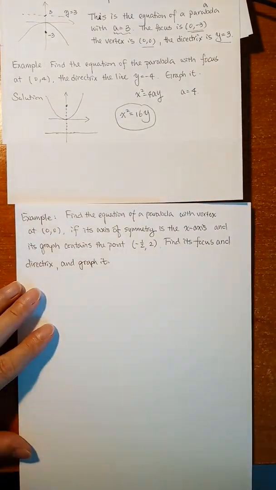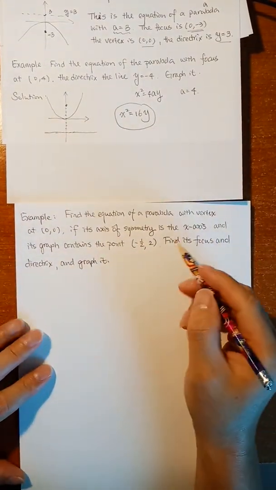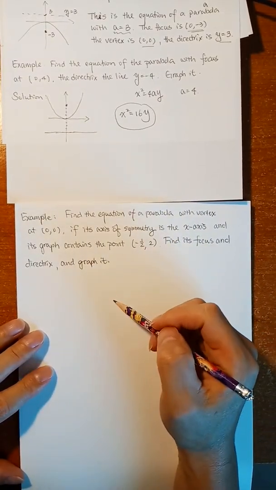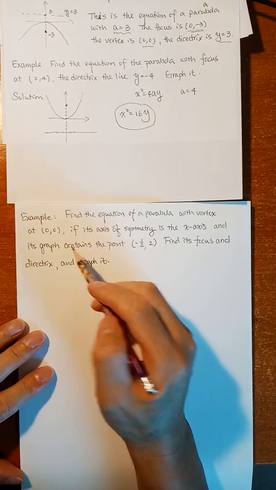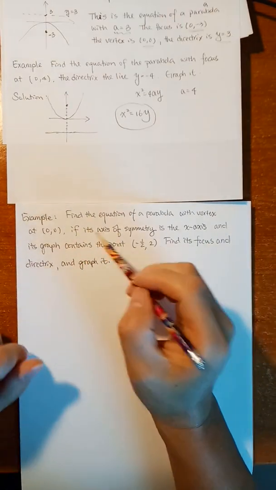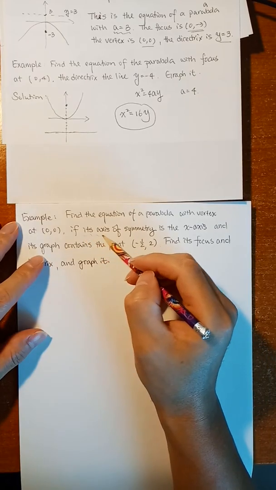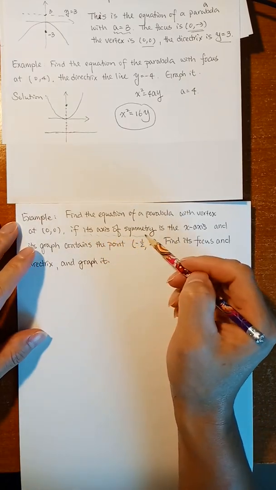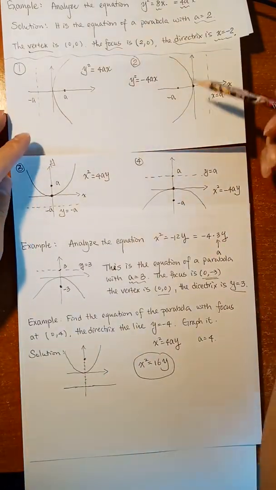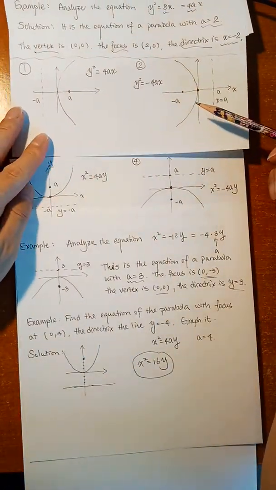Okay, so it's very long. First, it does not give us the focus and directrix directly. It only gives us the vertex. So let's try to see it. The important concept is the axis of symmetry. In this, we only have 4 cases.